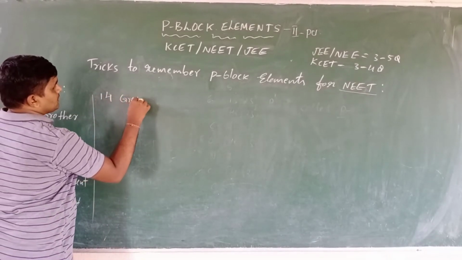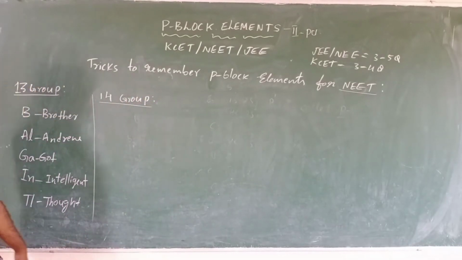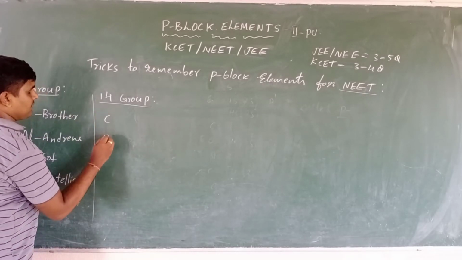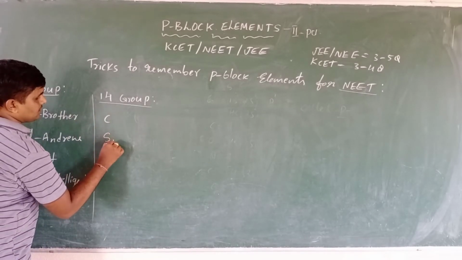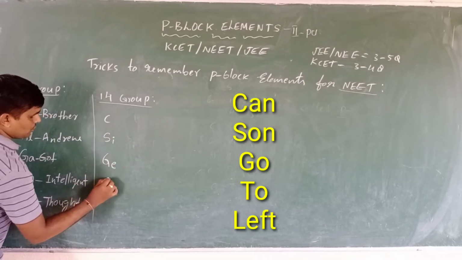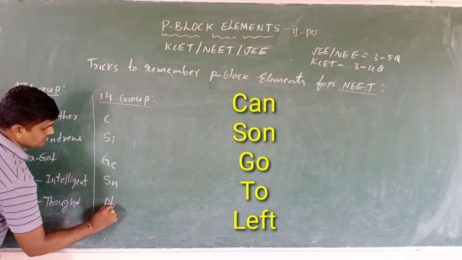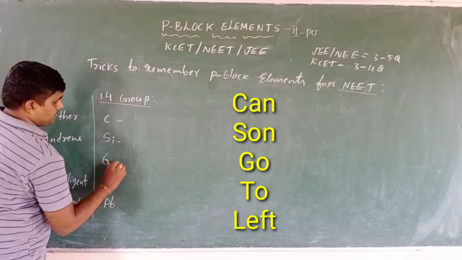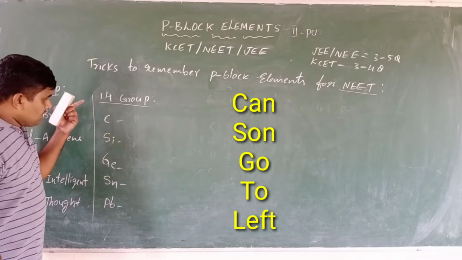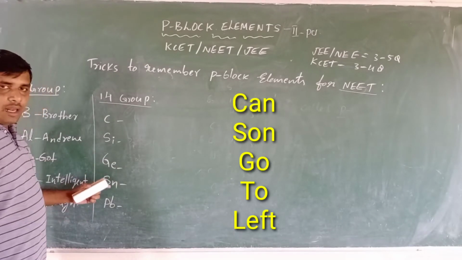14th group. How can you remember these elements? After boron comes the carbon family: carbon, silicon, germanium, tin, and lead.